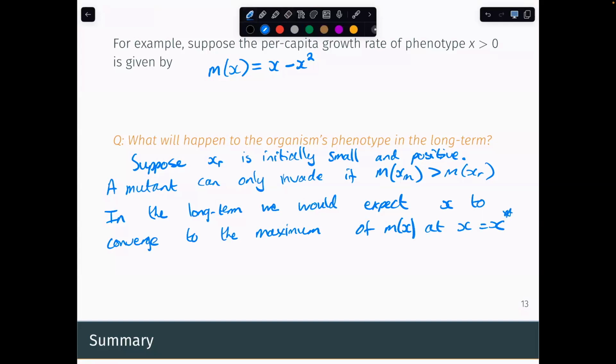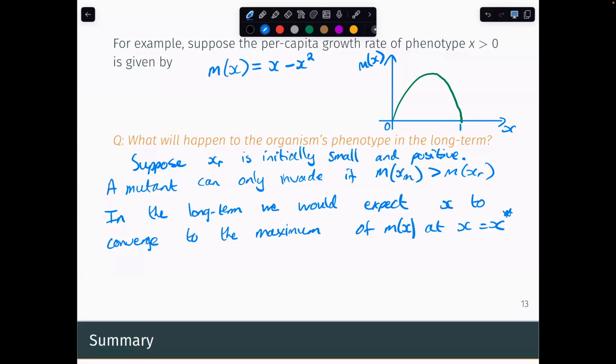Thinking about what this looks like, we have our phenotypes X on the horizontal axis and the per capita growth rate of those phenotypes. We've got a parabola that looks something like this. We know, in fact, that when X is 0 or X is 1, then M of X is going to equal 0.